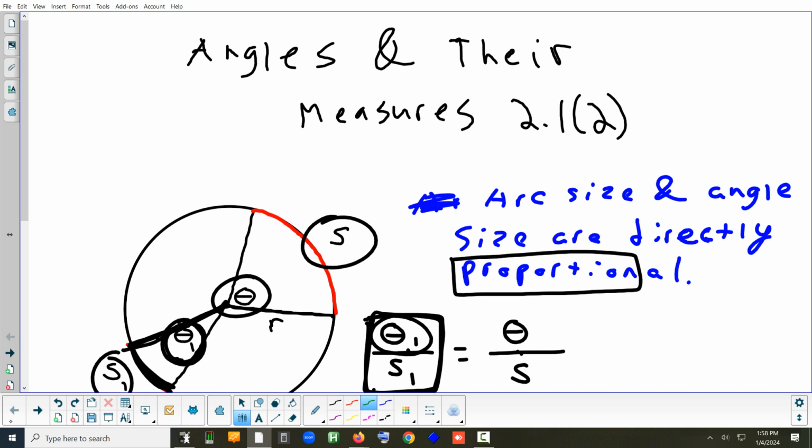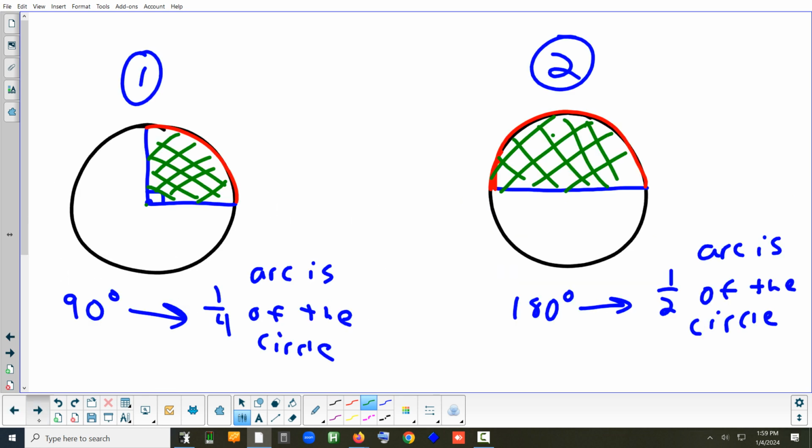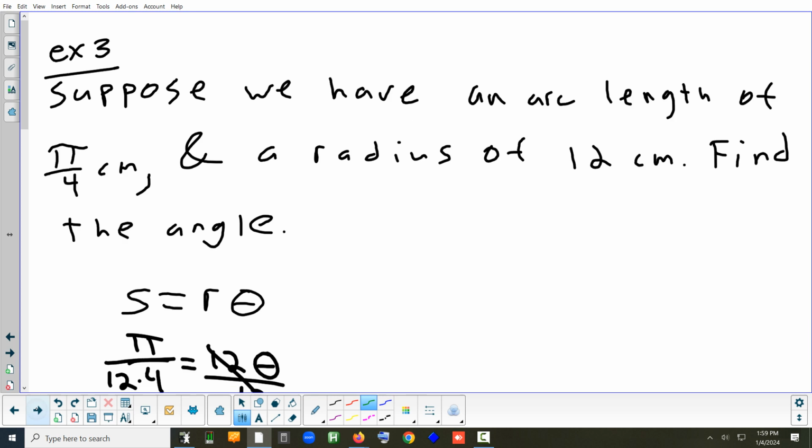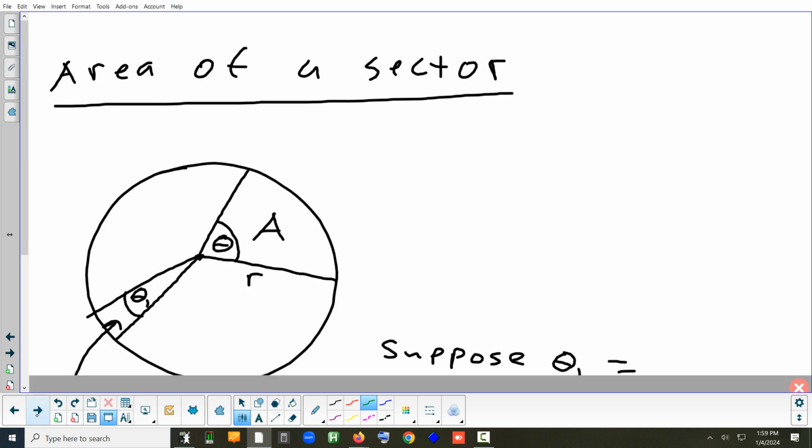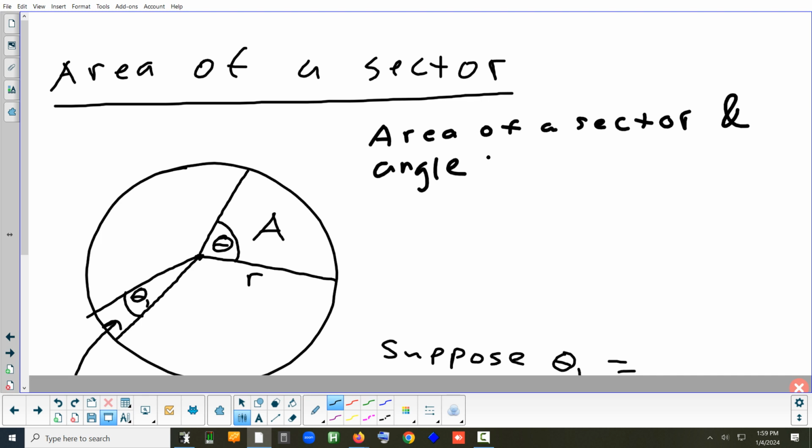So I'm going to write that down, but I'm going to put area instead of arc. Area of a sector and angle size are directly proportional.